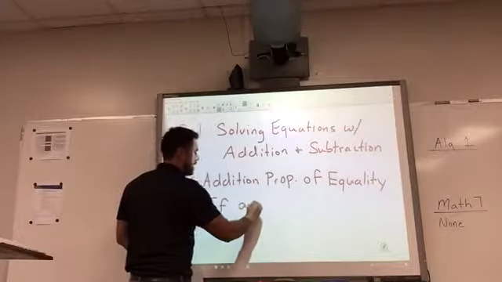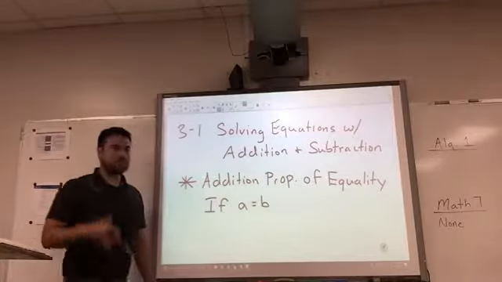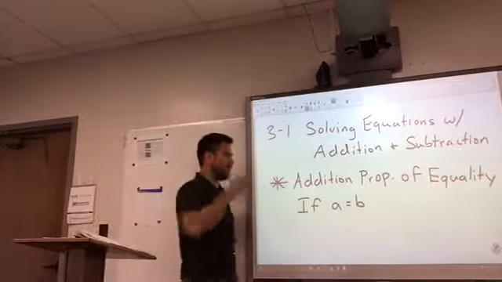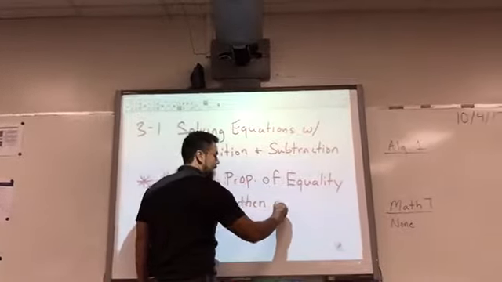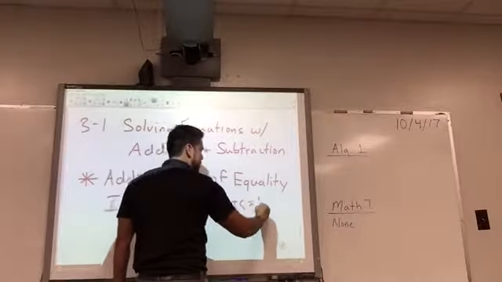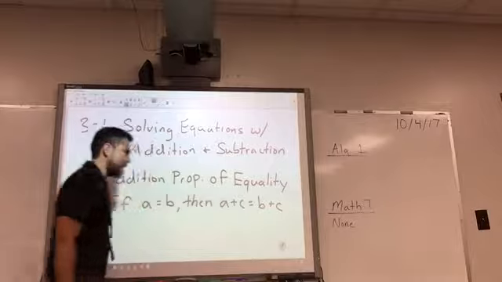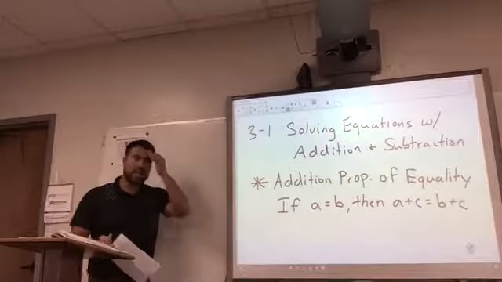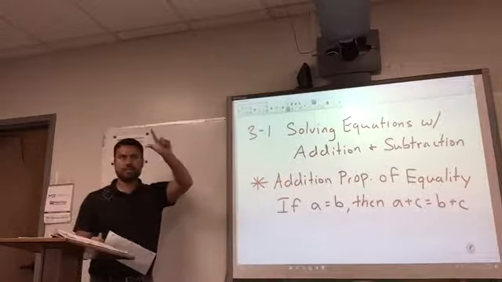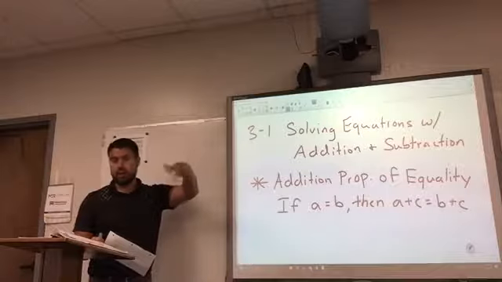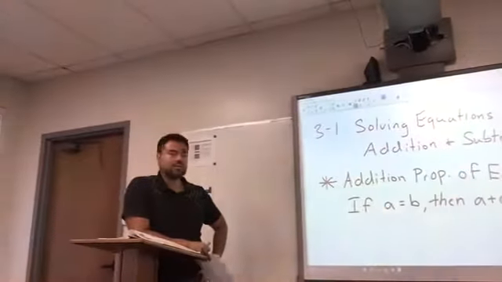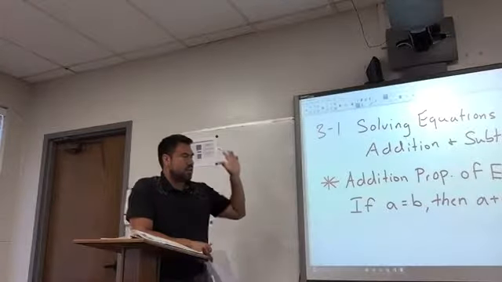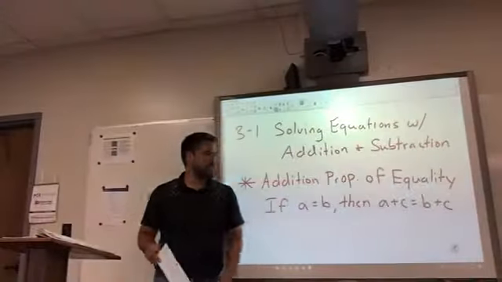If a equals b, so if you have two quantities that equal one another, then a plus c equals b plus c. That's the addition property of equality. And yes, we're talking that a, b, and c are real numbers, or any numbers, actually. This is going to go to the imaginary category too, but any numbers. If a equals b, then a plus c equals b plus c.